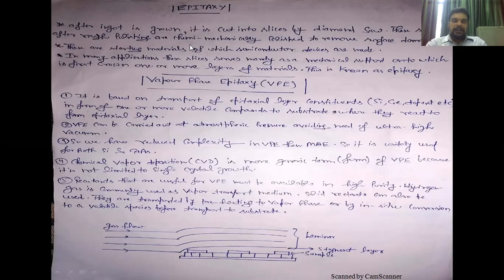The basic idea is that in VPE there is a transport of epitaxial layer constituents, the constituents from which the epitaxial layer is to be grown. The constituents may be silicon, germanium, dopants, etc., in the form of one or more volatile compounds, to the substrate.